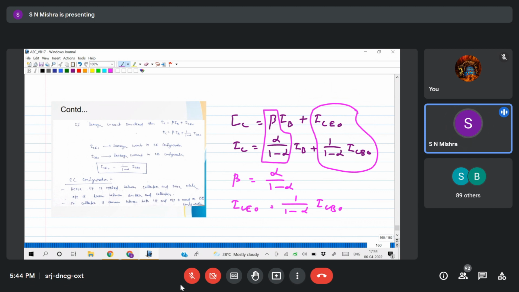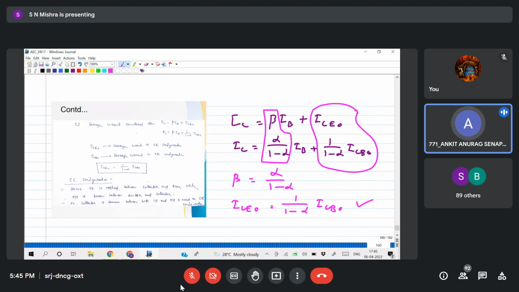So that's why if alpha is less than 1, then you will get beta high. And tell me, from this equation, will ICEO be higher or ICBO be higher if alpha is less than 1? Sir, ICBO.